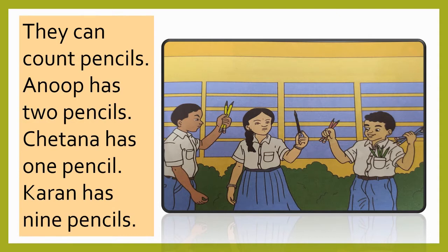Anoop has 2 pencils. Chetana has 1 pencil. Karan has 9 pencils. As you can see in the picture, Anoop is standing with 2 pencils in his hand and Chetana is standing with 1 pencil in her hand. Karan has 9 pencils, some in his hands and some in his pockets.